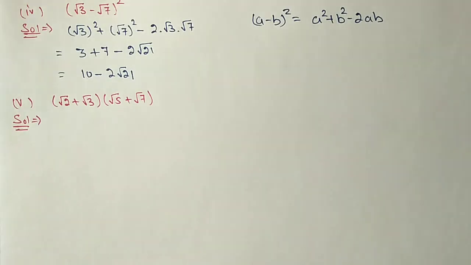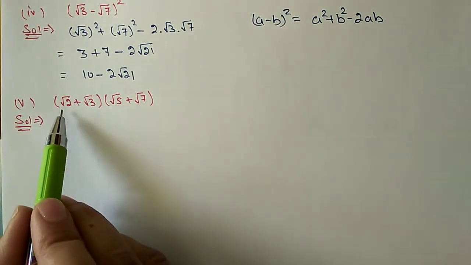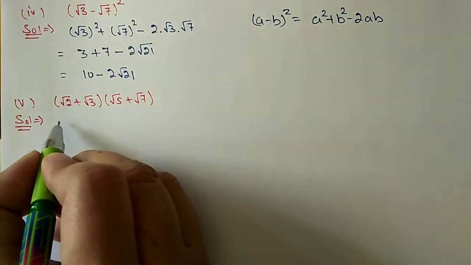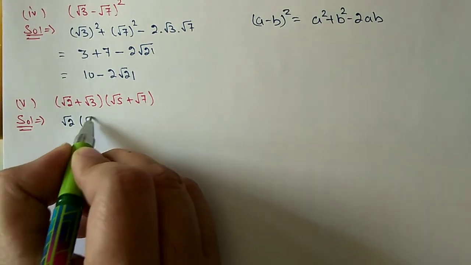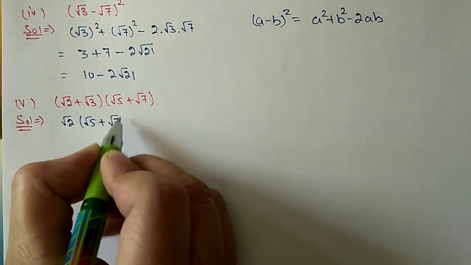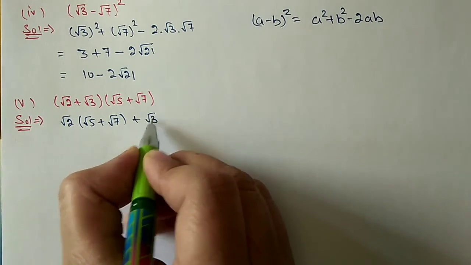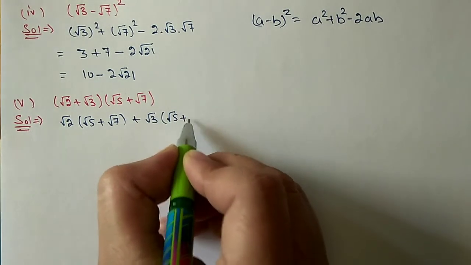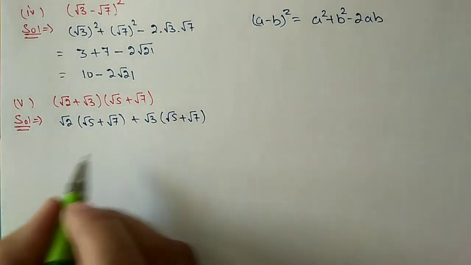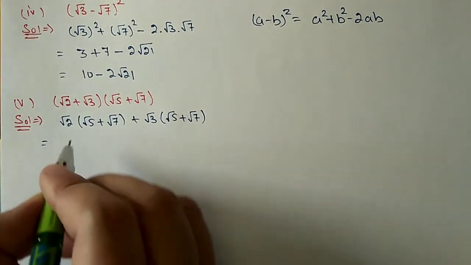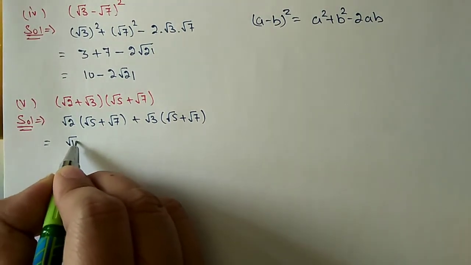Next, fifth part, (√2 + √3) into (√5 + √7). So with the first number we will multiply the second bracket, √2 multiplied by (√5 + √7). Then with the second number we will multiply the second bracket. Now we have to remove this bracket. √2 into √5 will become √10.